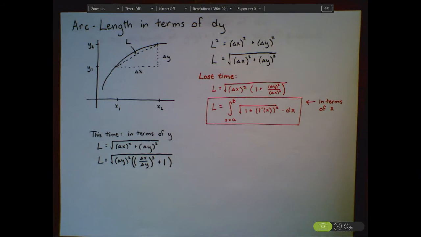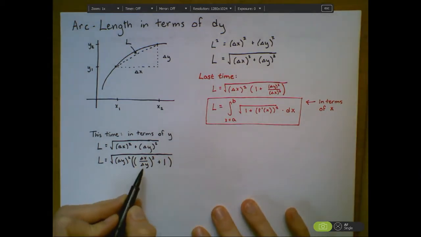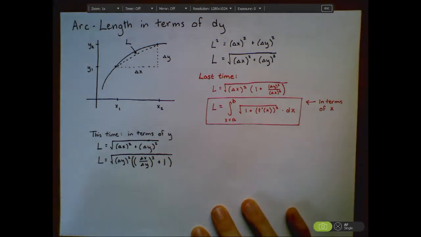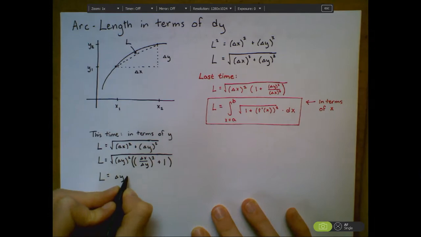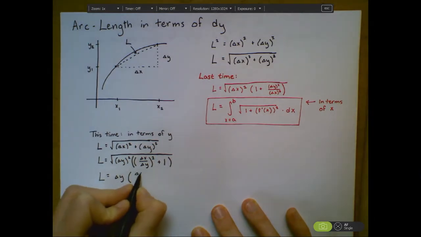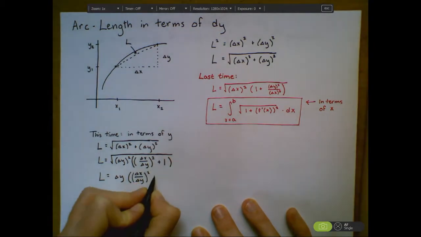And when you do that, why would we want to do that? What is this delta x, delta y? This can simplify out, right? This becomes delta y times delta x divided by delta y squared plus 1.